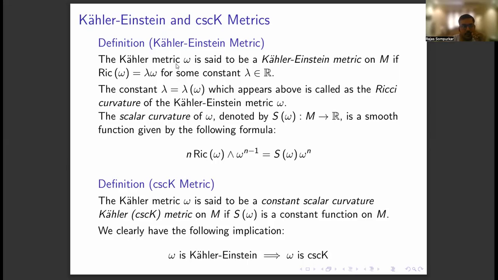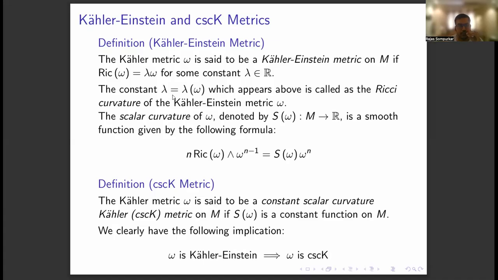A Kähler metric omega is said to be a Kähler-Einstein metric if, as the name suggests, it satisfies the Einstein condition, meaning the Ricci tensor is proportional to the metric tensor, or the Ricci curvature form is proportional to the Kähler form. So there exists some constant lambda in the real numbers such that Ricci of omega is equal to lambda times omega. Then it is said to be a Kähler-Einstein metric, and this lambda is called the Ricci curvature of this Kähler-Einstein metric.